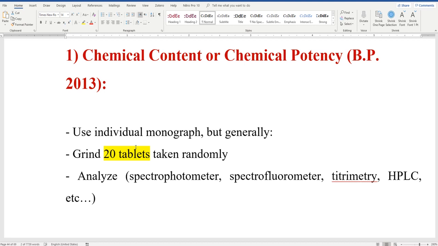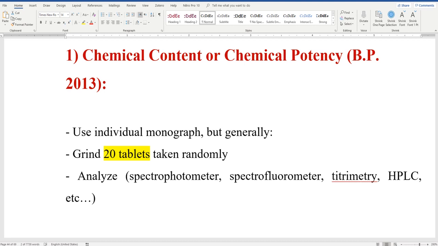Okay, you take a sample and then you analyze it using equipment like spectrophotometer, like fluorometer, like titrimetry, HPLC, etc. Meaning using a certain method to analyze how much drug is there. Now, according to the statement that every tablet has 500 milligram, theoretically you know how much is there.